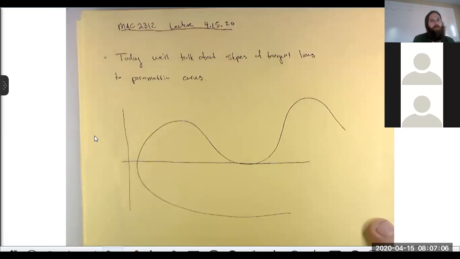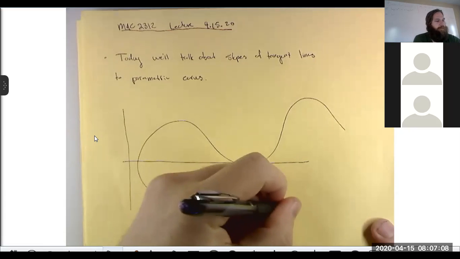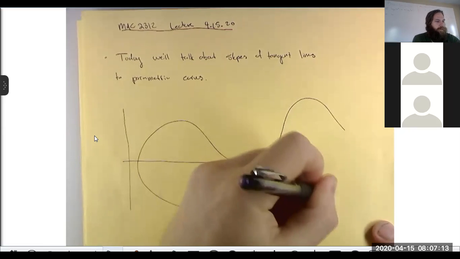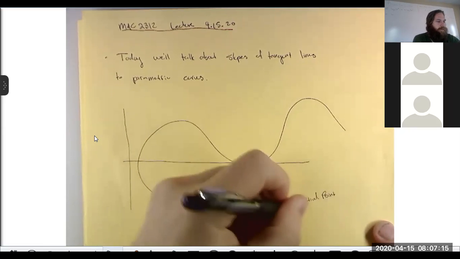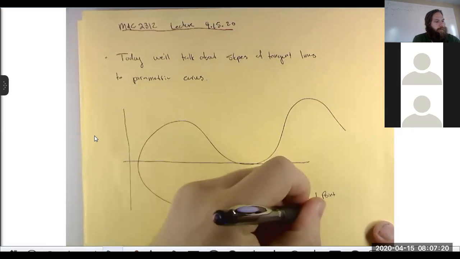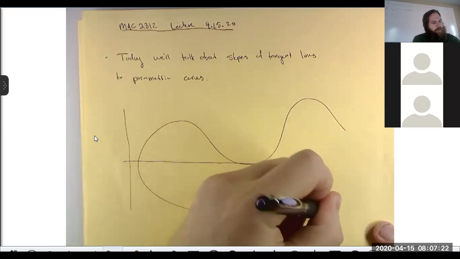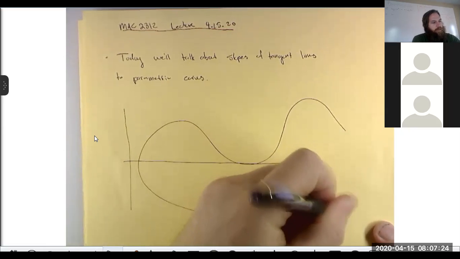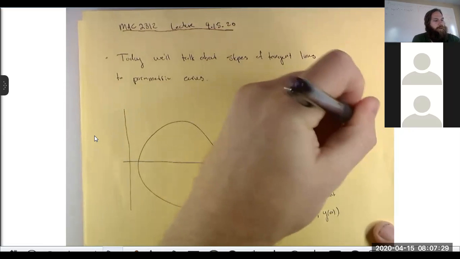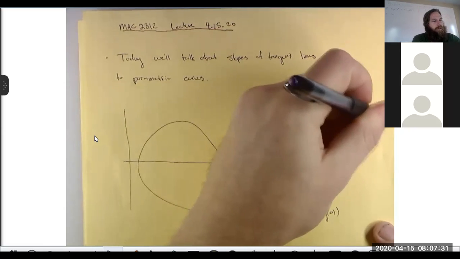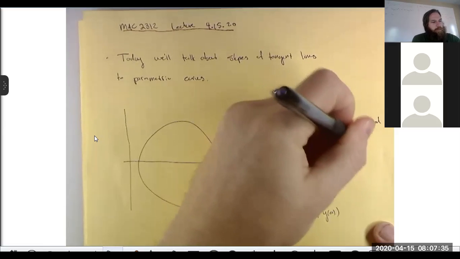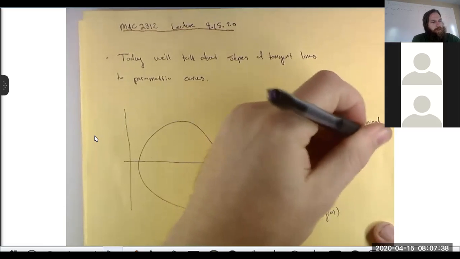So maybe I have a parametric curve that looks like this. Its initial point is down here. If the parametric curves are x of t comma y of t, and the t range is a to b, this would be x of a comma y of a, and the terminal point over here would be x of b comma y of b.